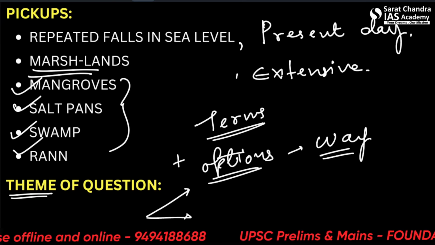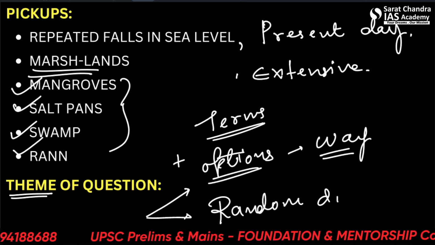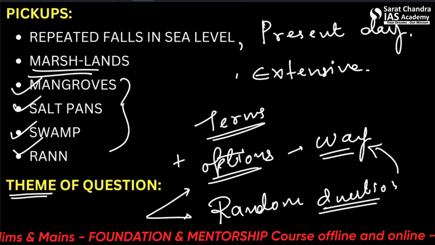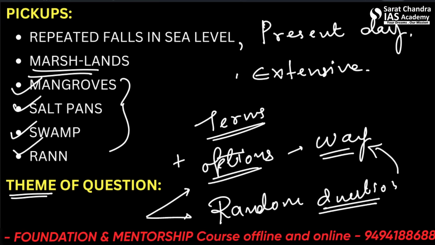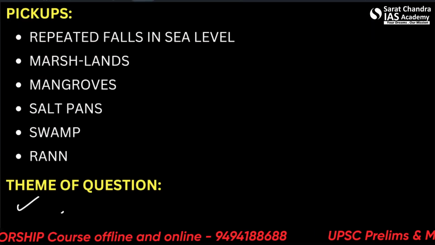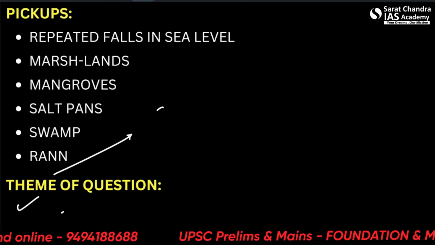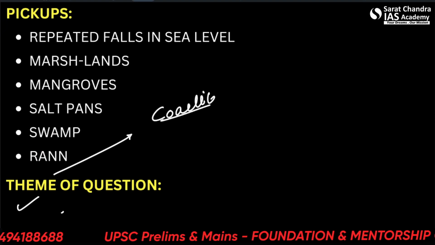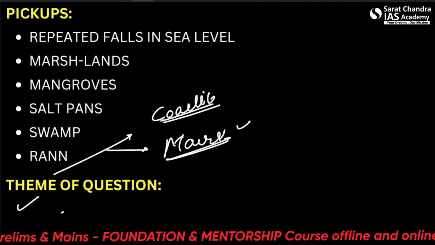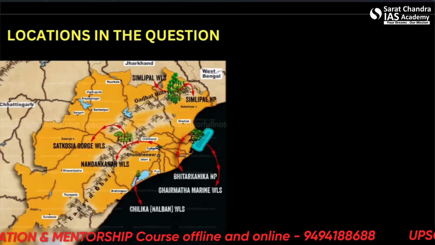This question can be stated as a random fact question. But there is, of course, a pattern behind it. There is a way to minimize the randomness. So we'll see what that pattern, that theme is. Okay, so the theme again becomes formations near coastlines or marshlands, mangroves, etc.